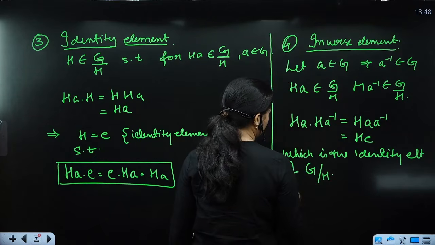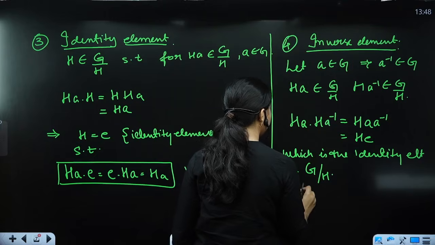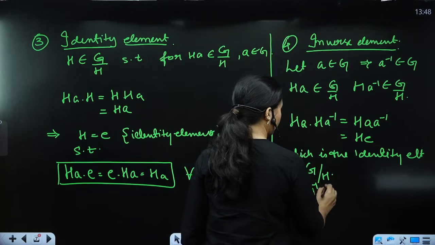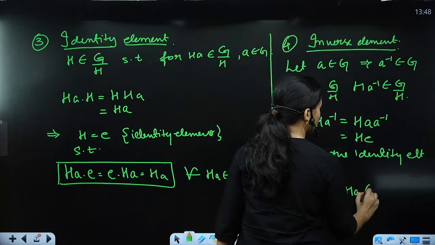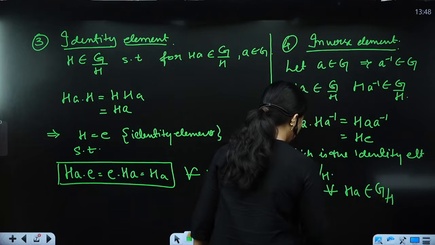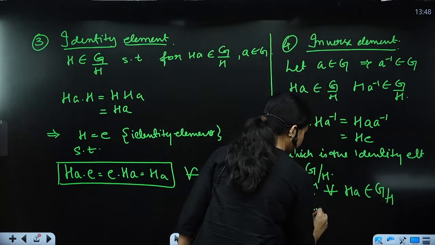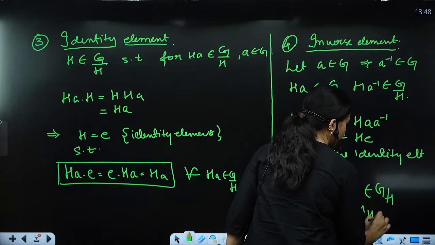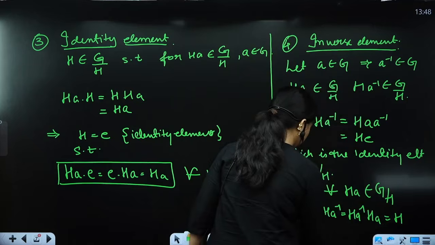So there exists HA inverse for all HA belongs to G by H, such that HA inverse HA equals HA HA inverse equals H, right?